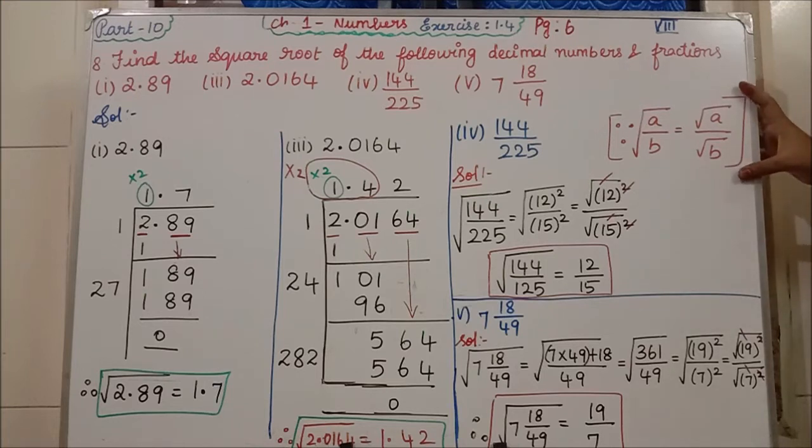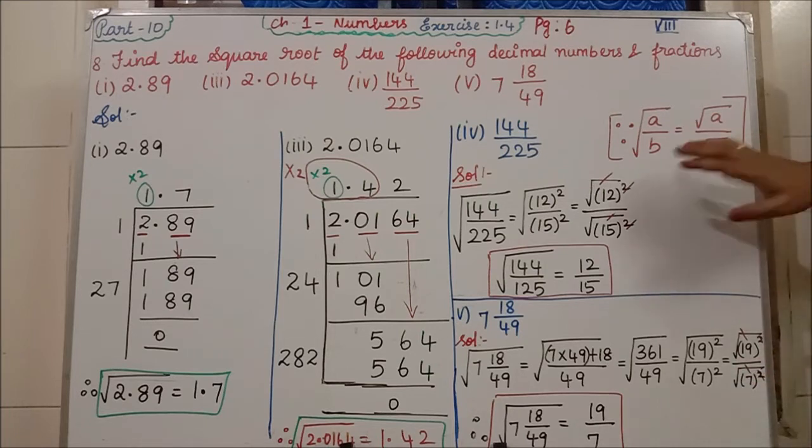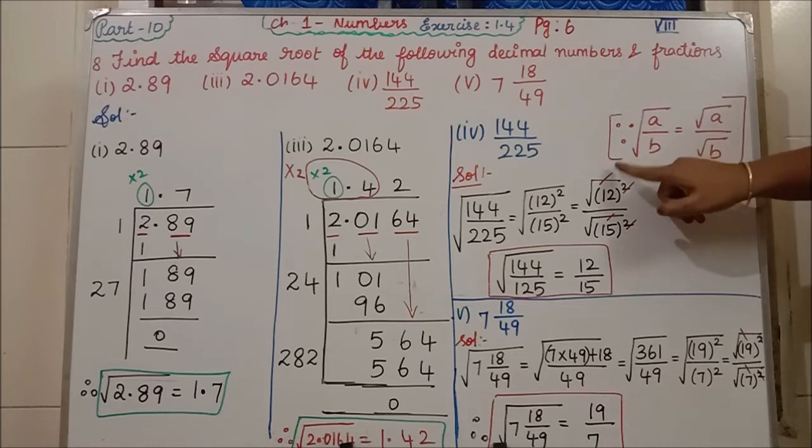So, see the same model. If we are having the whole square root, we can make it a separate square root for the numerator and a separate square root for the denominator. So the square root of 19 the whole square divided by the square root of 7 the whole square. As I told you, square and square root will get cancelled.